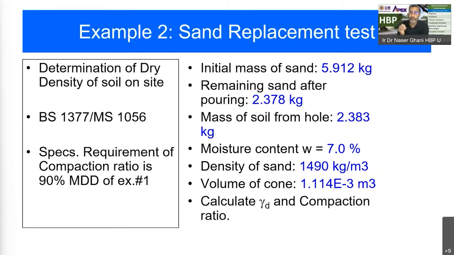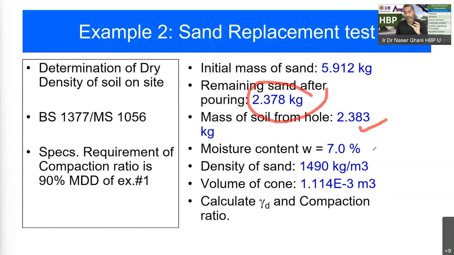So the tester will usually collect this kind of information. The initial mass of sand, what is the amount of sand? The remaining sand after you put it inside the hole, and then the mass of soil that you excavate from site.